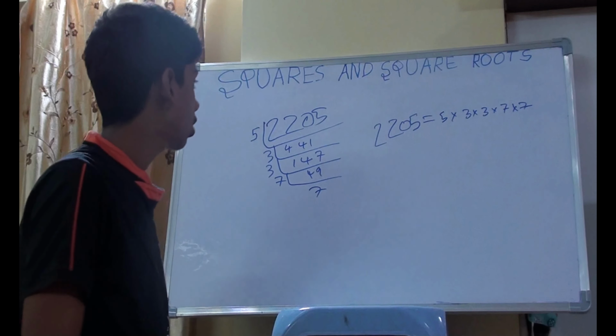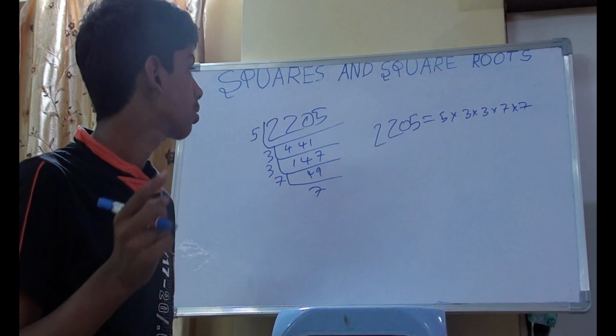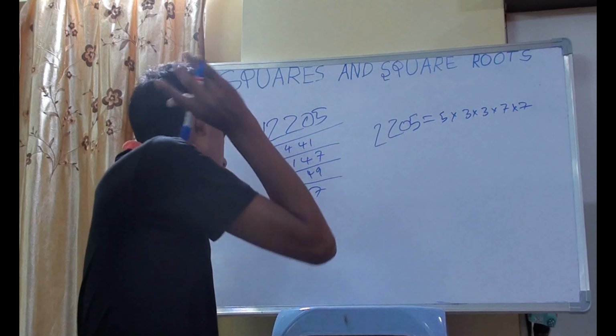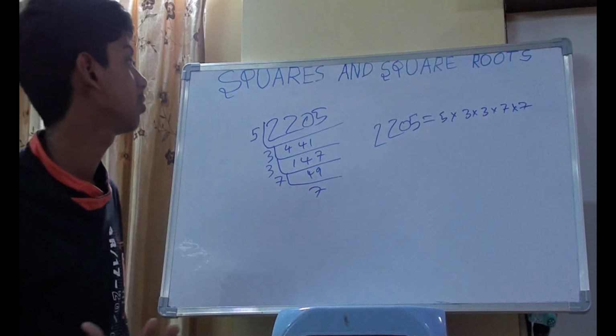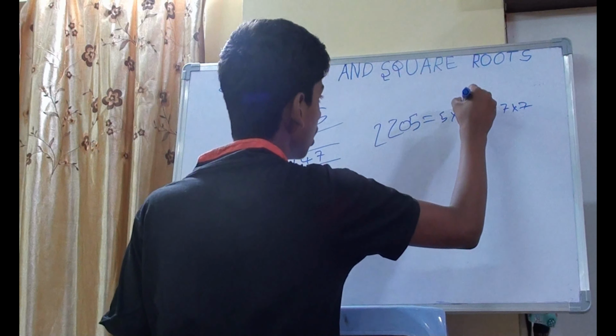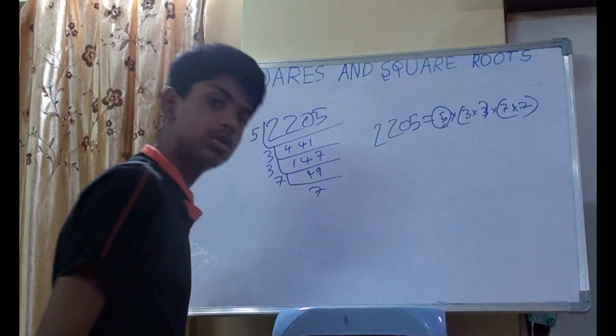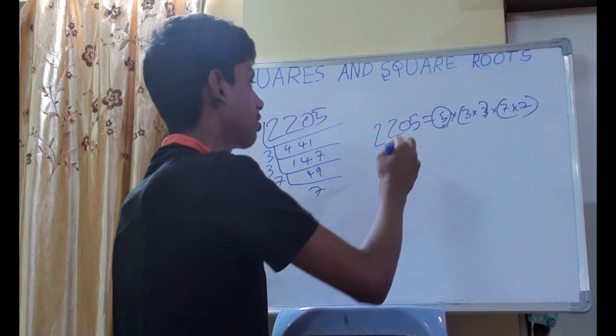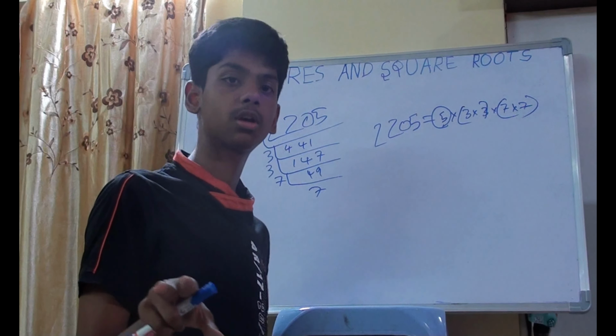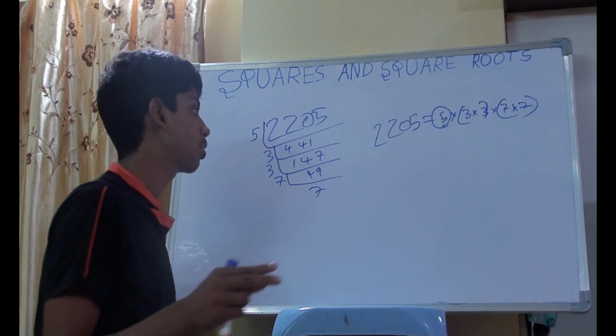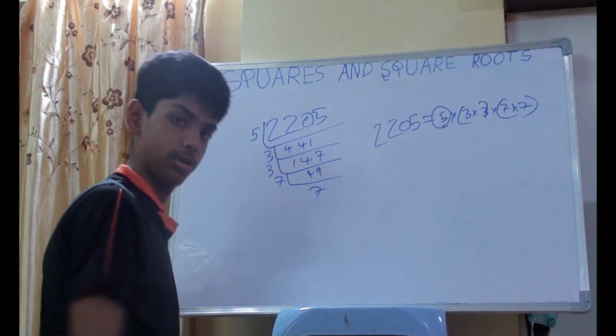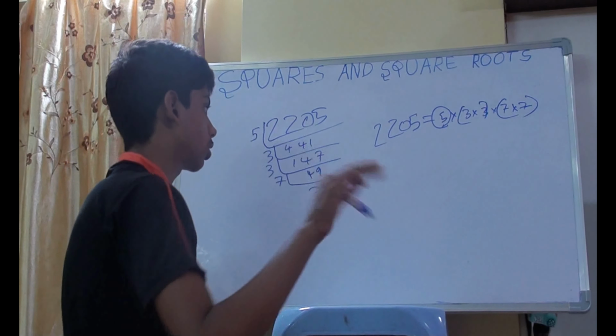They might also ask for the smallest number by which this should be divided to make it a perfect square. Here every number has a pair except for 5. So to make this a perfect square we can multiply it with 5, or we can divide it by 5. So we have two choices.